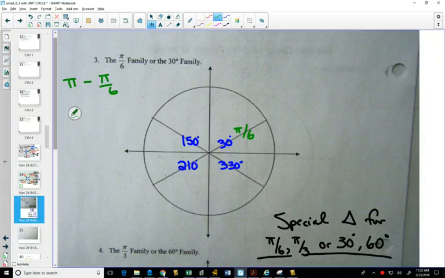Again, how do you subtract fractions? You need a common denominator. In quadrant 2, it'll be 5 pi over 6. Ten-second head start for the other two.